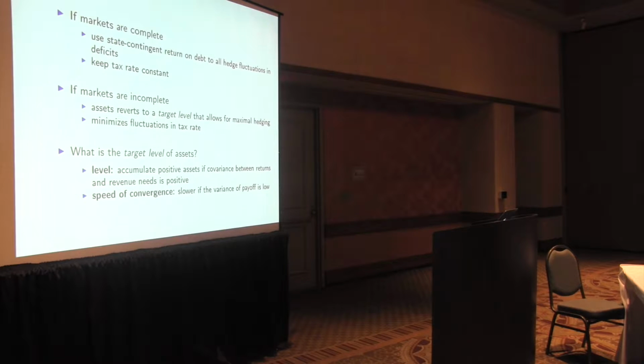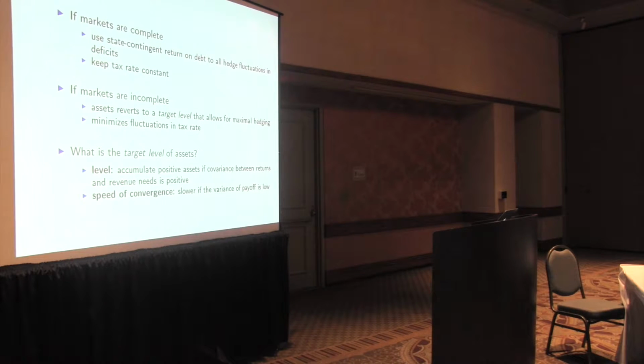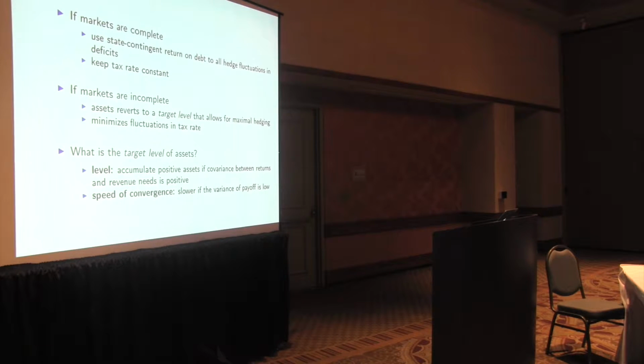How much spanning do the asset markets allow you? That is going to determine both the level of the asset, so the absolute level and the sign, and how fast you go there. In particular, if returns are higher when the government needs more revenue, it makes sense to accumulate assets, because this extra revenue can be used to pay off higher deficits.